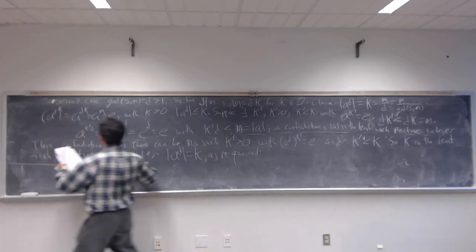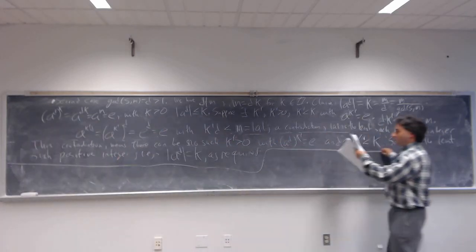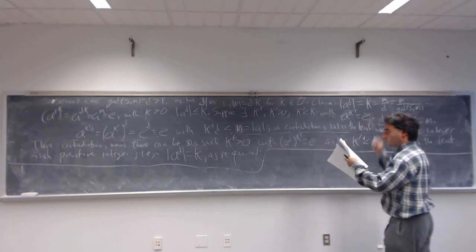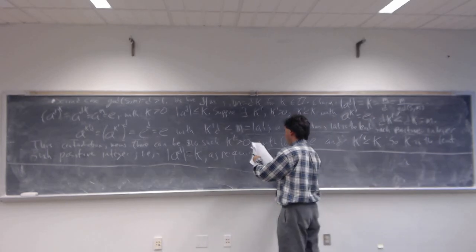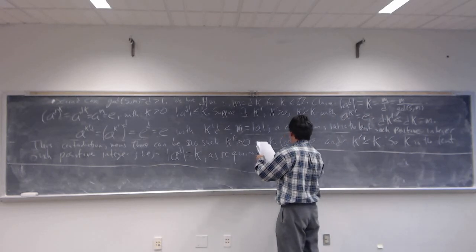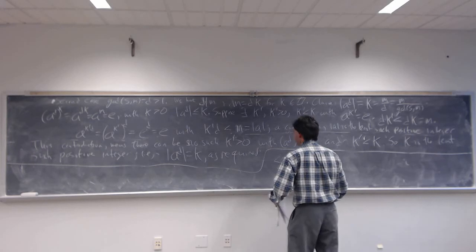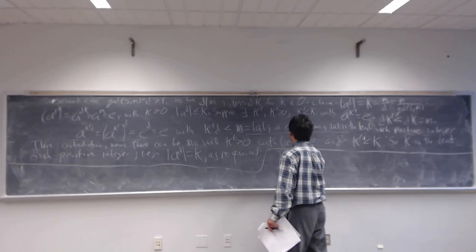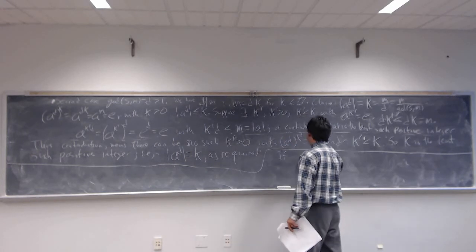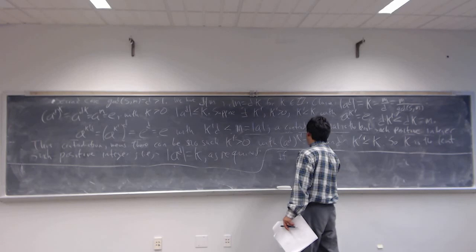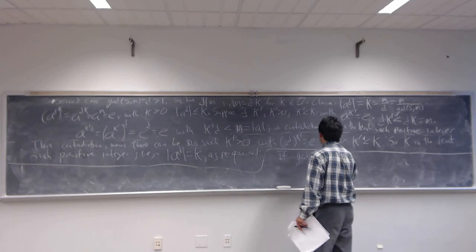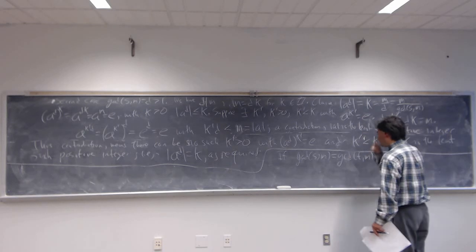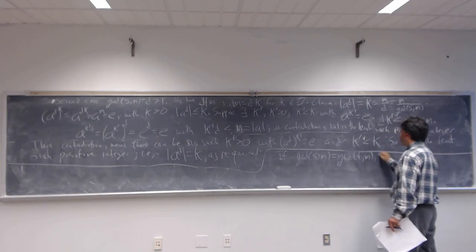Okay, and then I mentioned the corollary. What's the corollary say? If the GCD of s and the integer m is equal to the GCD of t and the integer m, then what happens?